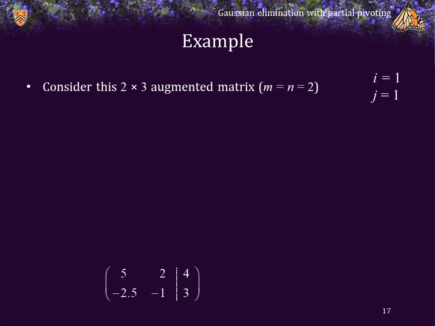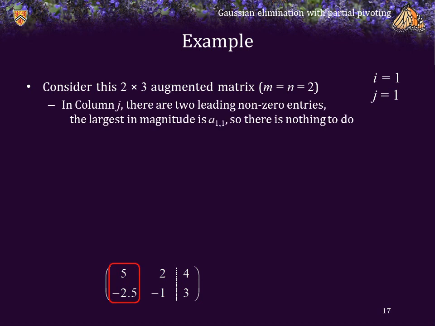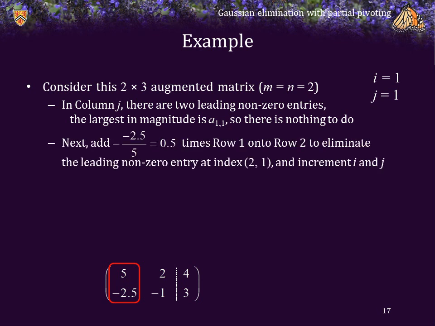Next, consider this 2 by 3 augmented matrix. Again, m equals n equals 2. In column j equals 1, there are 2 leading non-zero entries, but the largest in magnitude is already at index A11, and so the largest entry is already in row i equals 1. Therefore, there's nothing to do. At this point, we simply carry on and eliminate all other leading non-zero entries in column 1.